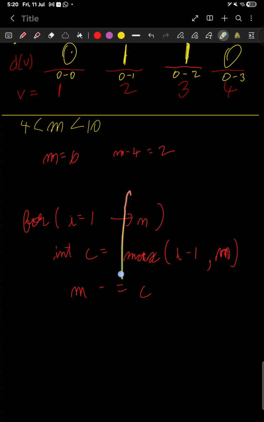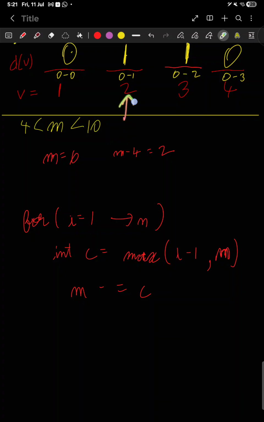So this m actually here is m minus 4, which is this value. So let's do a dry run. For I equals 1, the value of c would be max of I minus 1, which is 0, comma m, which is equal to 2. So m minus equals 0, which would be equal to m. So m would remain 2.